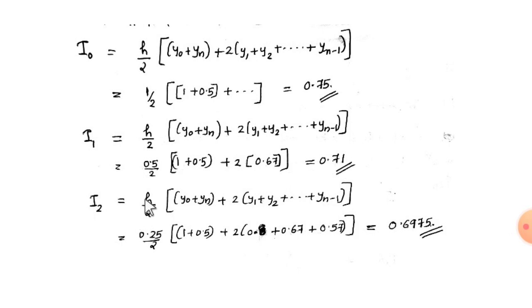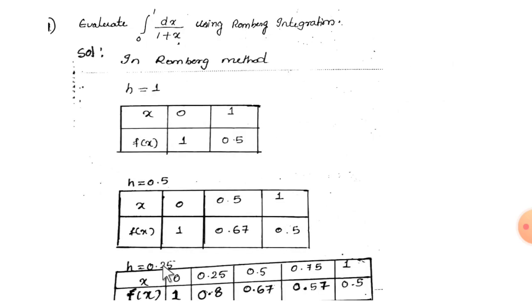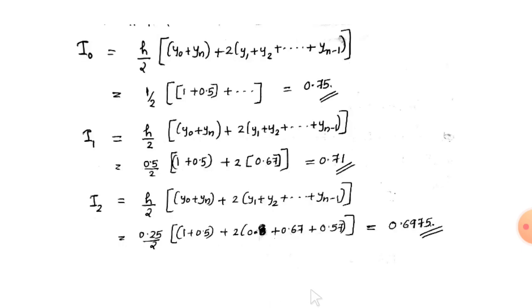In case of I2, when h is equal to 0.25, you have to consider this table. Here y0 will be 1 and yn will be 0.5, and these will be y1, y2 and y3. Substitute the values in the equation and find the value of I2.